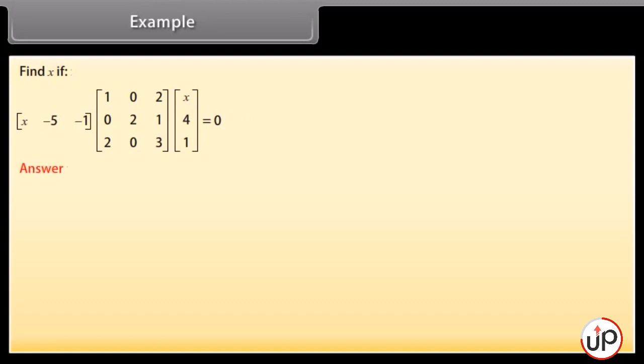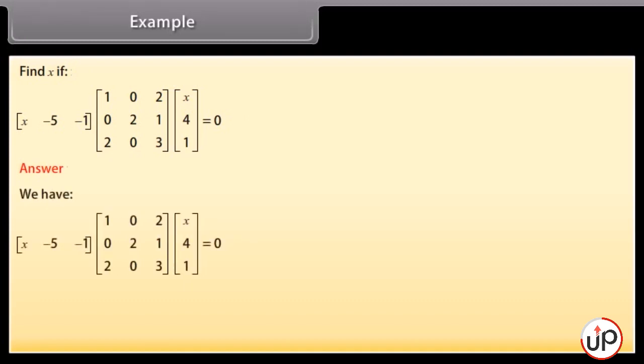Given that, we have [x -5 -1] multiplied by the matrix with rows [1, 0, 2], [0, 2, 1], [2, 0, 3], multiplied by the matrix with rows [x], [4], [1], is equal to 0.